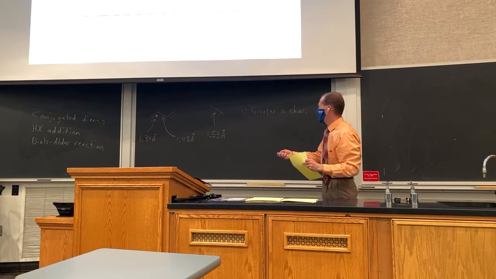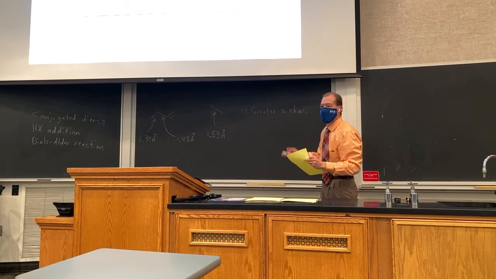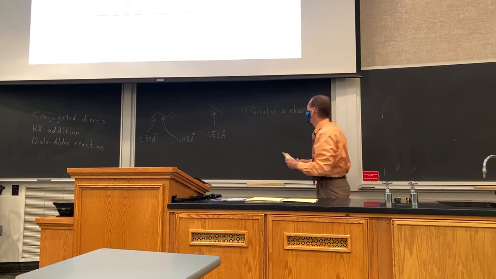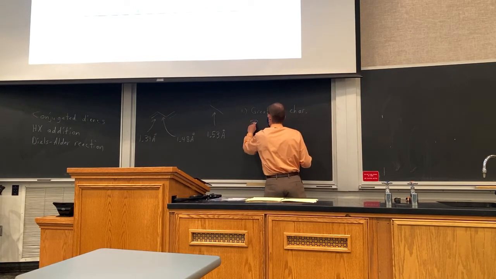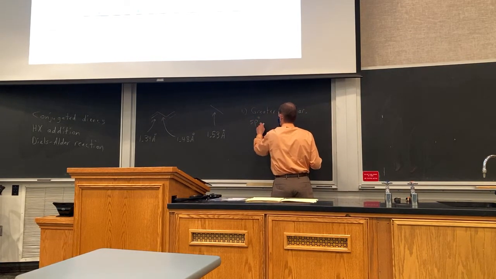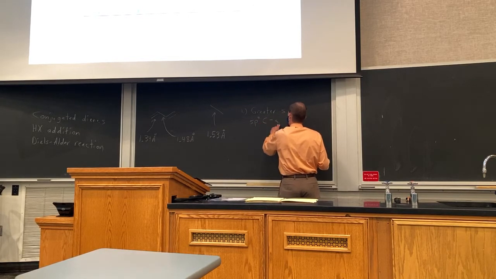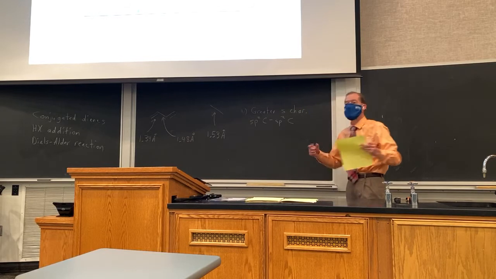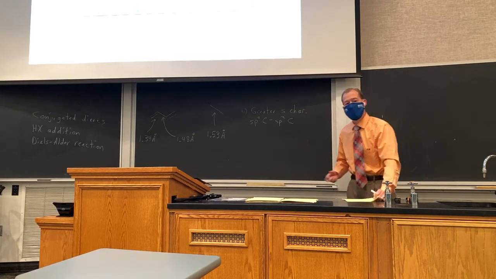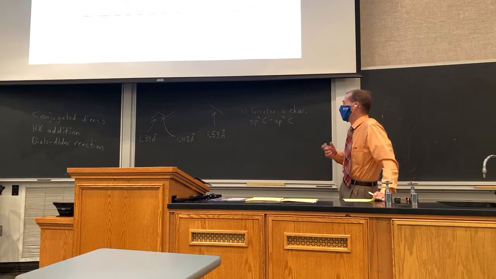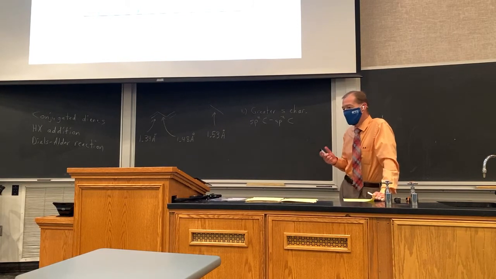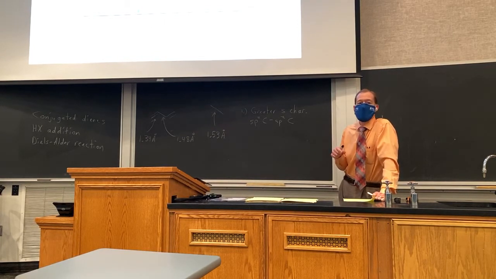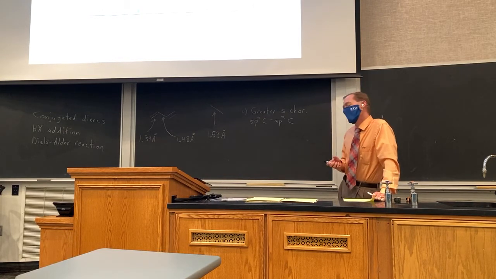So this sigma bond between C2 and C3 in 1,3-butadiene is between two carbons that are sp2 hybridized. Okay, it's a sigma bond connecting sp2 carbons. So we have sp2 hybrid orbitals that are being used to make that sigma bond. And we know that hybrid orbitals with higher percent s character are held closer to the nucleus.